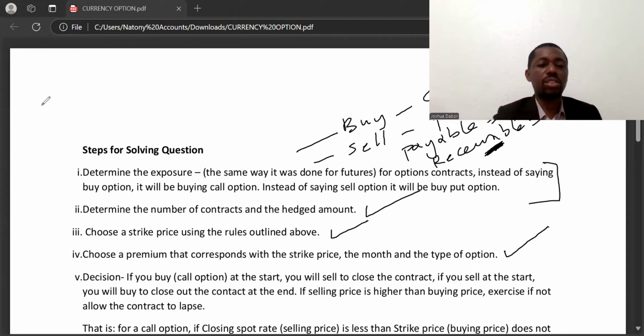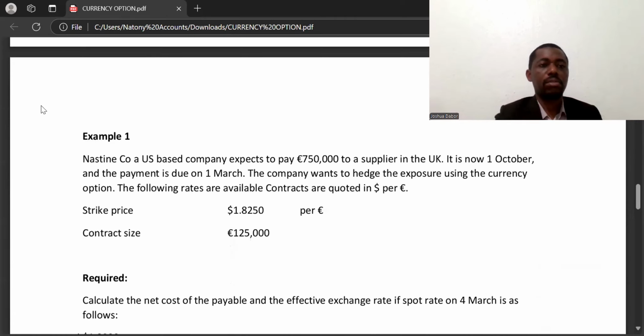The next decision is if you buy the call option at the start, you will sell to close. So if you buy to open, you sell to close. You should be familiar with that by now if you have watched the previous videos. So if you sell to open, you are going to buy to close. So it's just the opposites. Okay.